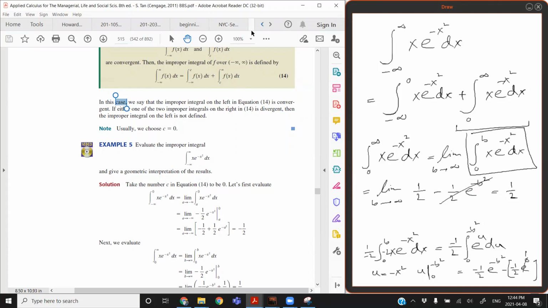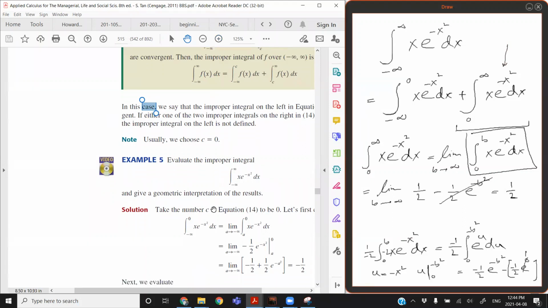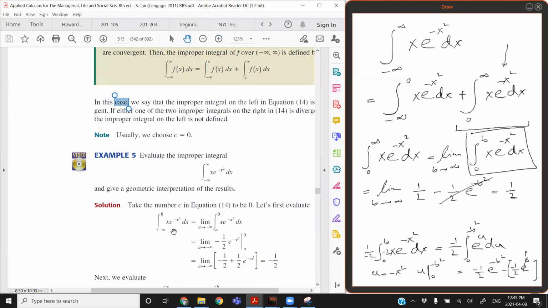So let's just go over the other integral. I did the second one, and here's the first one. Integral from negative infinity to 0 of x e to the power of negative x squared. You can write that in terms of a limit, as a goes to negative infinity, from a to 0.